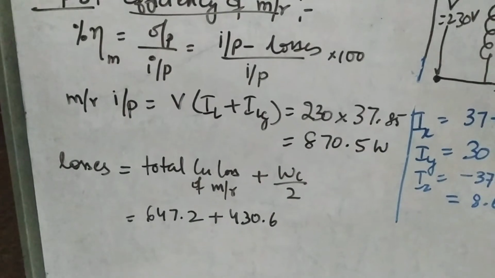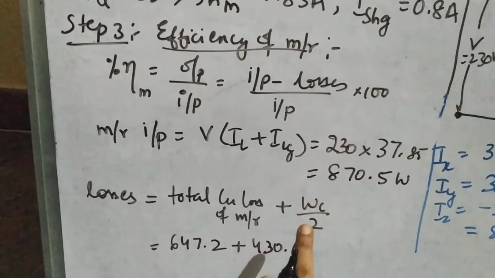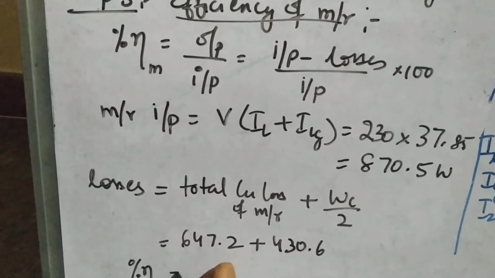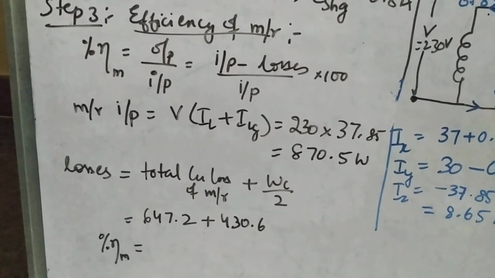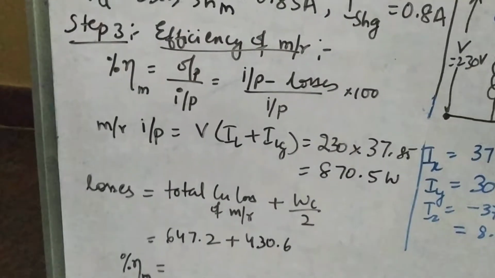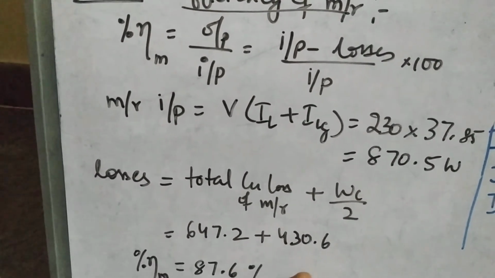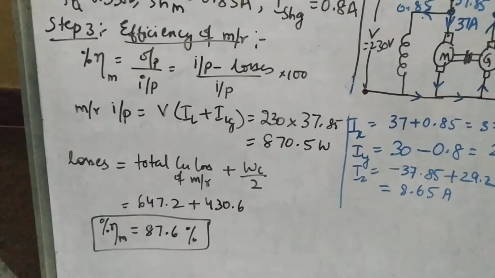Okay, so substitute all these values here, and determine the efficiency of motor. So we'll get the value around 87.6%. This is about the efficiency of the motor.